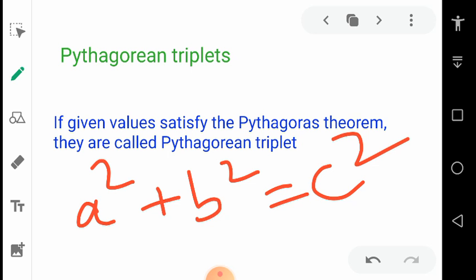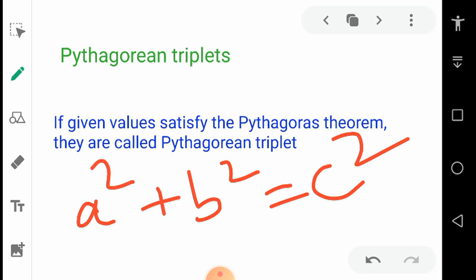So whenever this equation is satisfied with the values given, then they are called a Pythagorean triplet. If they do not satisfy this relation, a square plus b square equals c square, then these values are not a Pythagorean triplet.